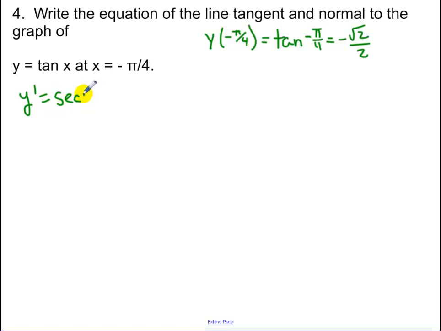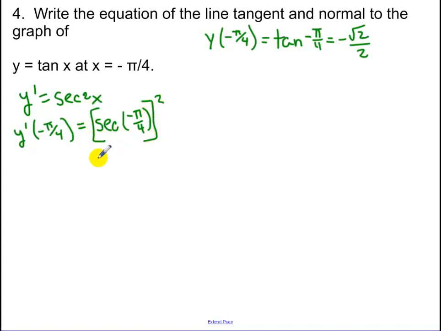Derivative of the tangent is the secant squared. I evaluate our derivative. The secant of negative pi over 4. I evaluate that first, then square it. When I evaluate that, I get 2.